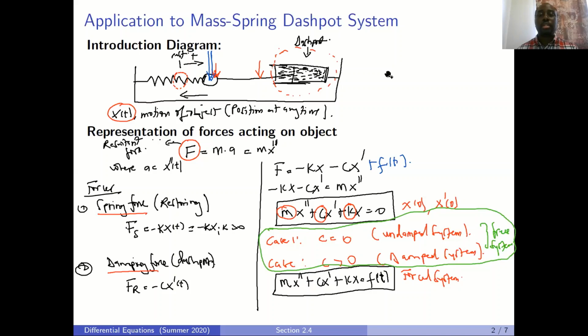Okay, so let's look at the first scenario, where we have a free undamped motion of the object. Again, our differential equation is m x'' + c x' + k x = 0.